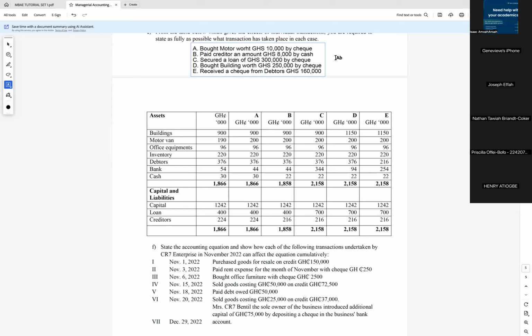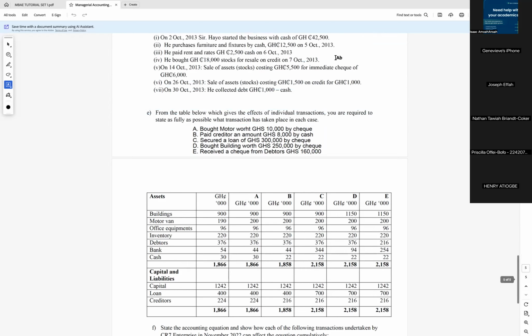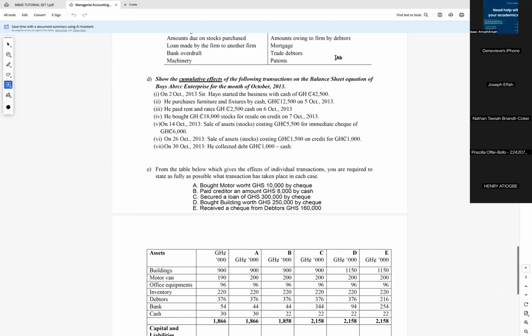All right. Is there any challenge? These are very simple stuff. Should I make someone a co-host and then the person will take us through how to show this transaction on the accounting equation? Who wants to take over? Yes, show us how these are going to affect the accounting equation.